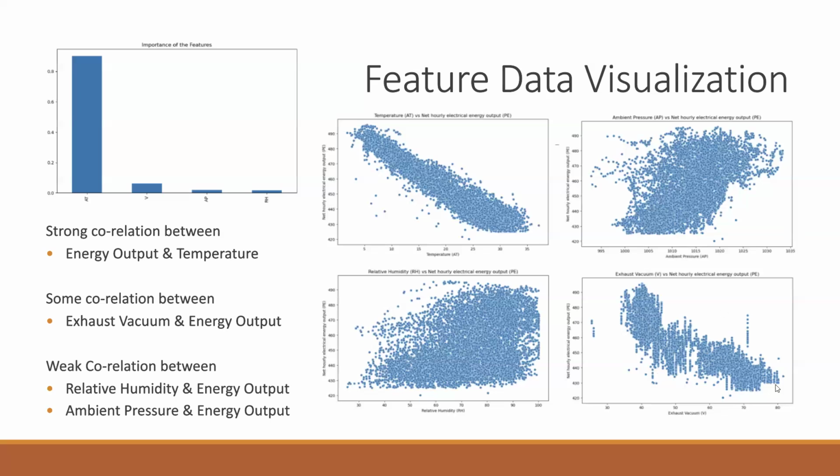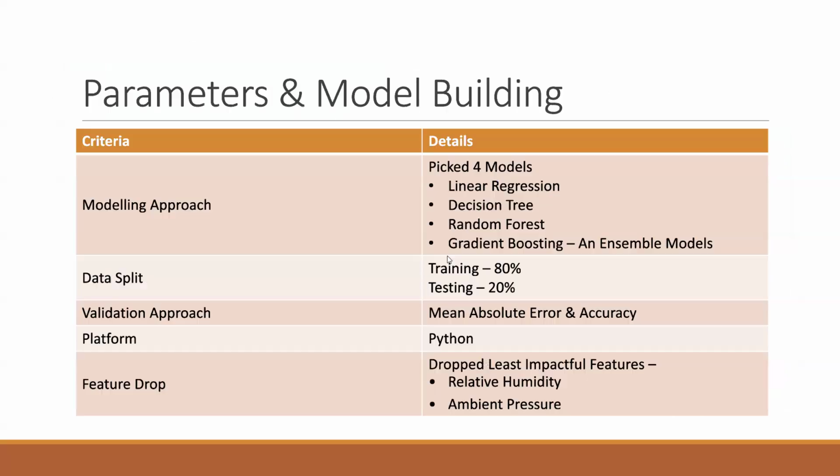So I was able to see some correlation on a holistic note, considering the temperature and the exhaust vacuum to the energy output, but not with the other two. So I also did the same exercise, trying to figure out the importance of the features using the random forest method, and I was able to see the same, temperature having a good correlation when compared to the rest of the three.